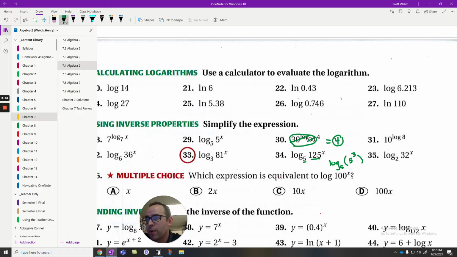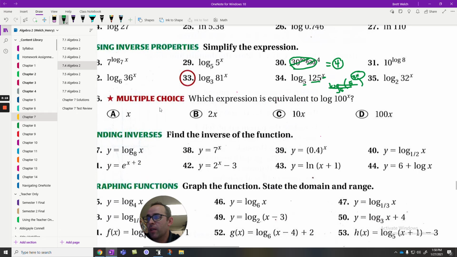That's the same as 125. Now because there was already an x, I'm going to go ahead and stick an x there as well. So here the log base 5 is going to cancel the base 5 and the exponent, and my answer will be 3x. Okay? So we've got to get the bases to match using exponential approximation, and then we can go from there.